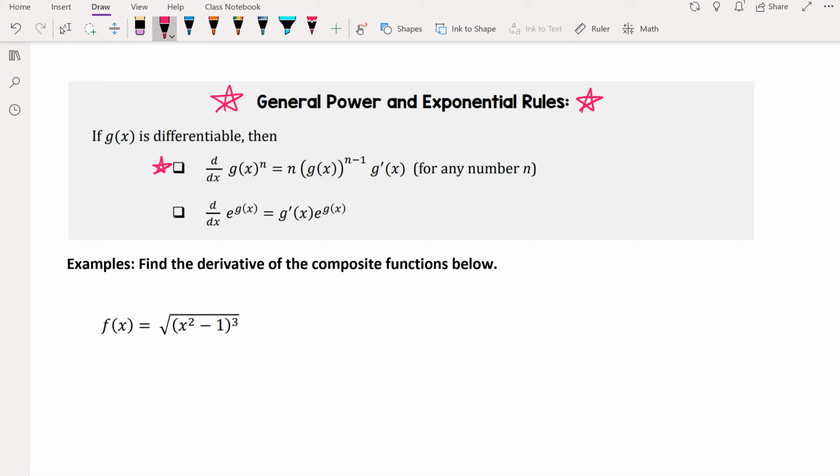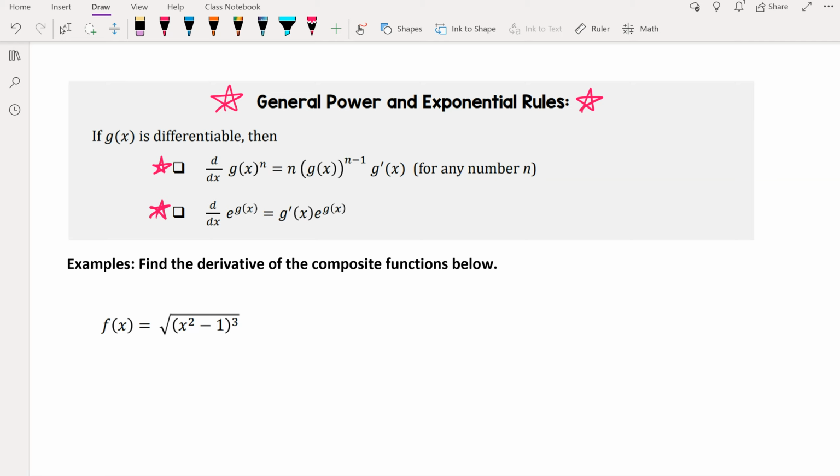And then if we have e to the g of x, so this is like a function inside the e function, right? Then we get this derivative. So go ahead and write those down. They might not make sense right now, but we're going to make sense of them when we do all these practice problems.